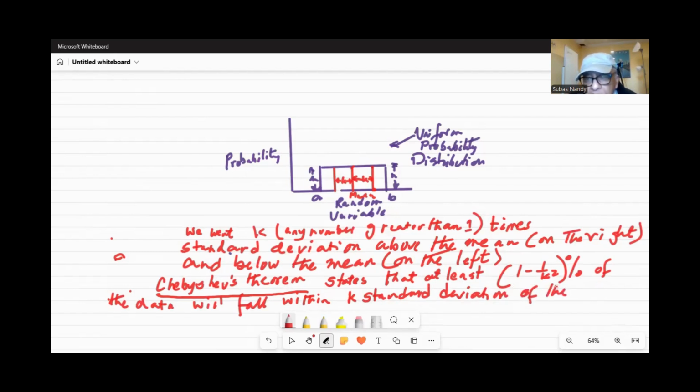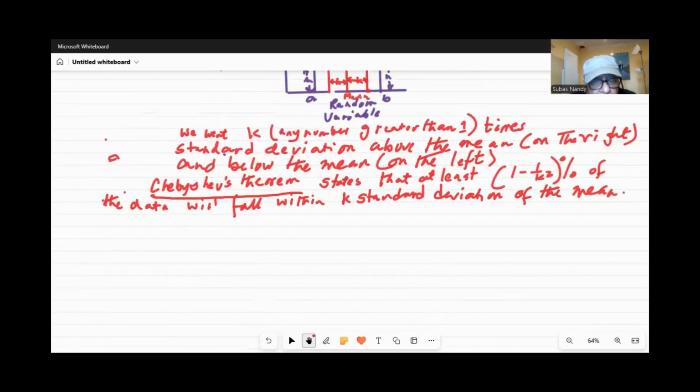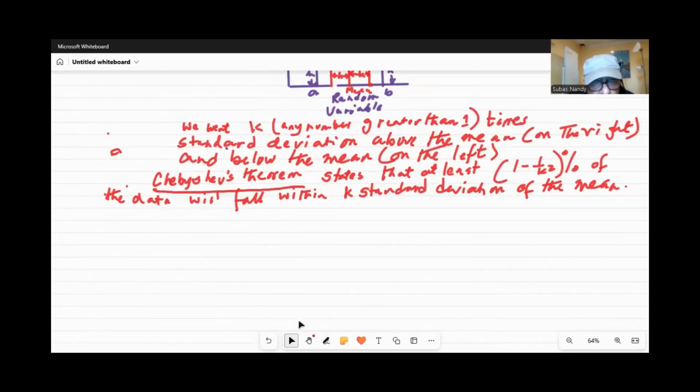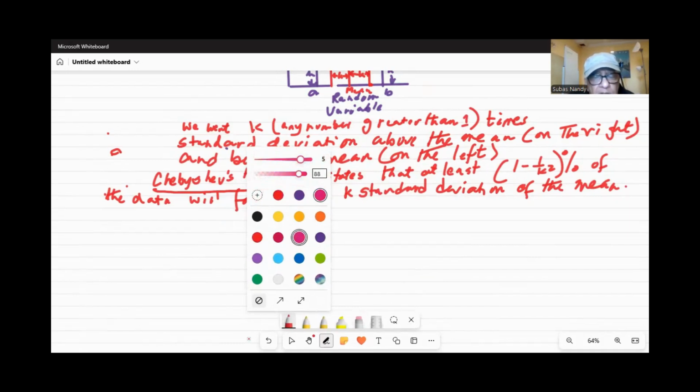So let's apply it for k equal to 2. Okay. So let's do two things. Let me move this up and let me change the color of the ink.